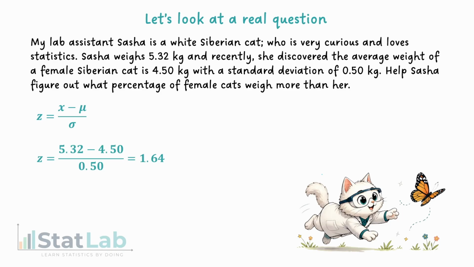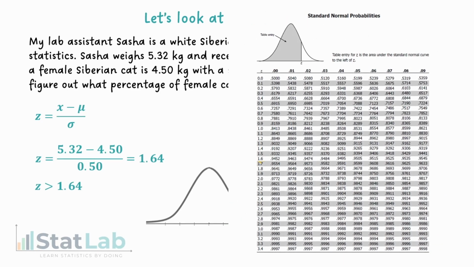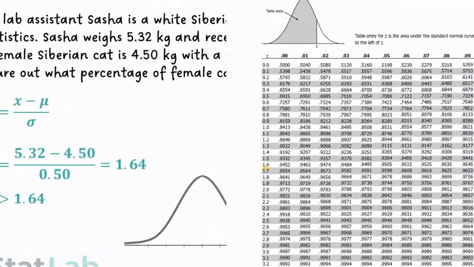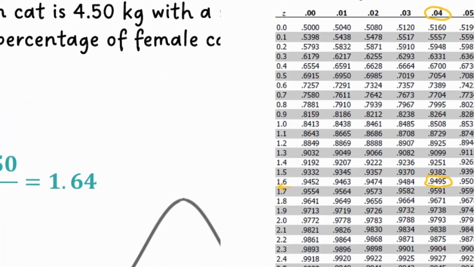So we want to know the percentage of female cats that weigh more than her. So this time we're looking for z greater than 1.64. On a graph, we would draw our line at z equals 1.64, that's a positive 1.64, and because we're looking for greater than, we're going to shade to the right. And if we go to the table, we can go down the row till we get to 1.6 and go across until we get to 0.04 and meet in the middle.